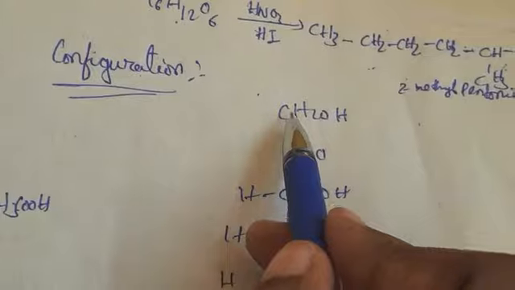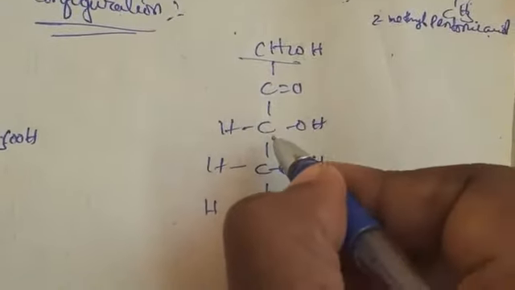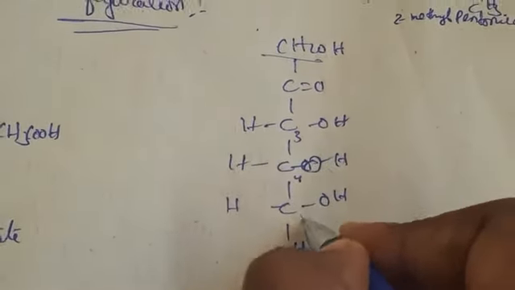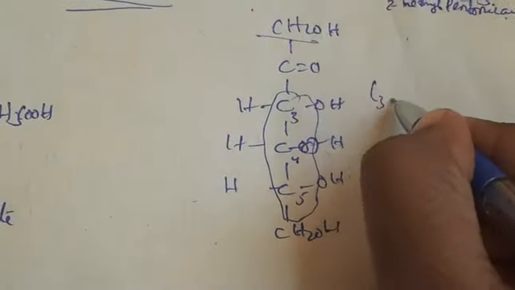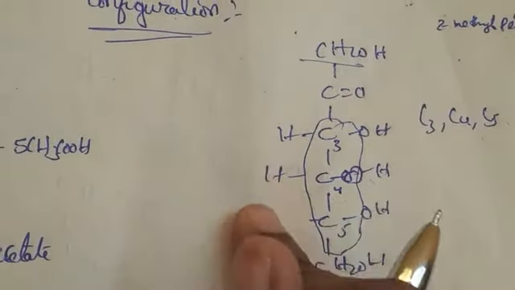So here don't count the CH2OH and the C double bond O. So this is C1, C2, C3, C4, C5. So these 3 carbon atoms are chiral carbon atoms, with different groups attached.